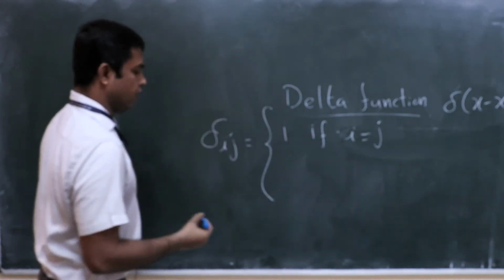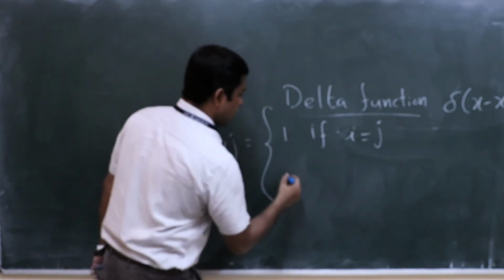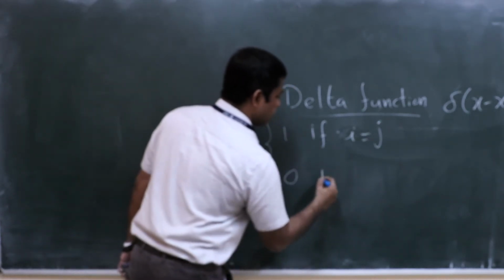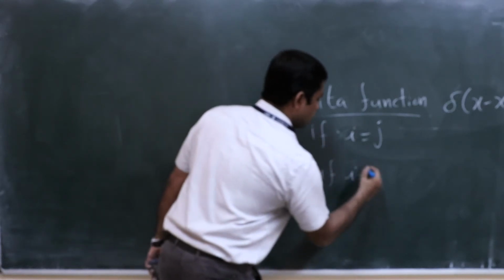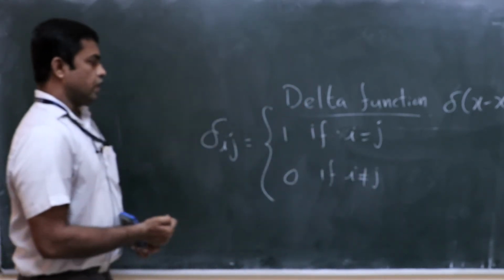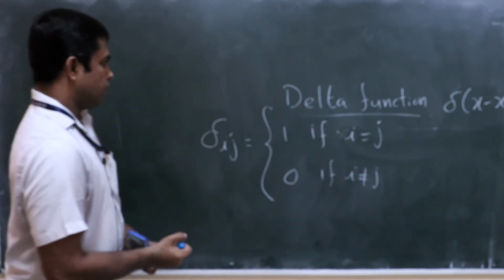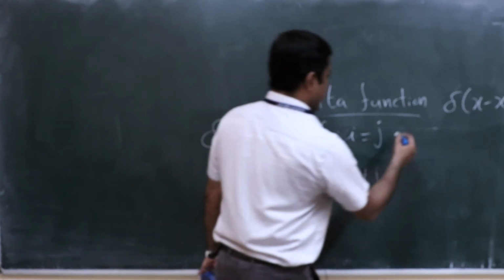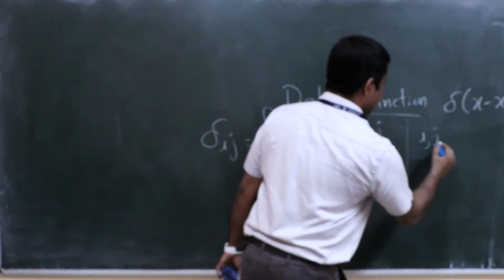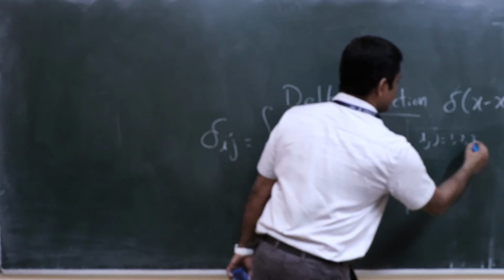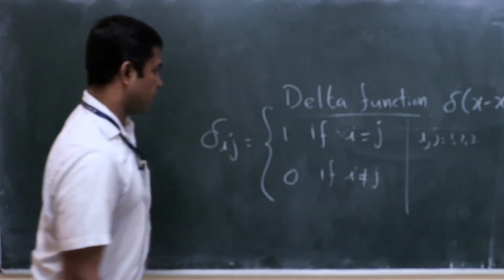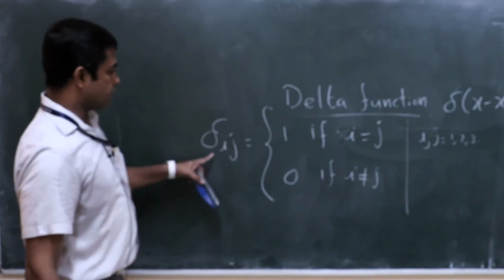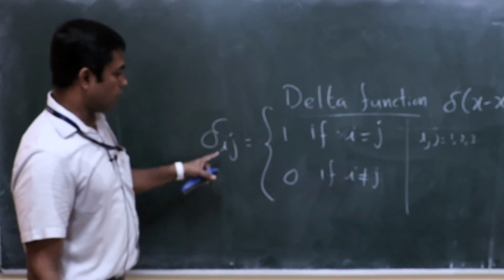You must have already heard about this in your previous class. i and j can take values 1, 2, 3, etc. So this is basically a discrete Kronecker delta.